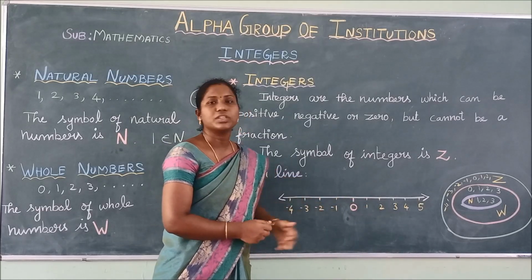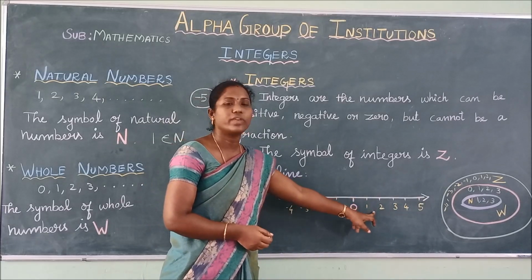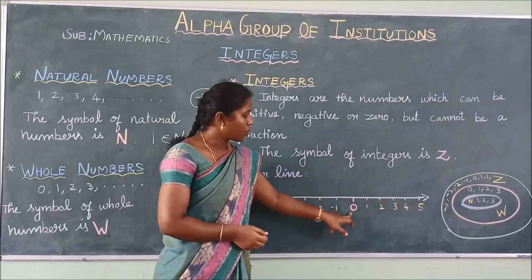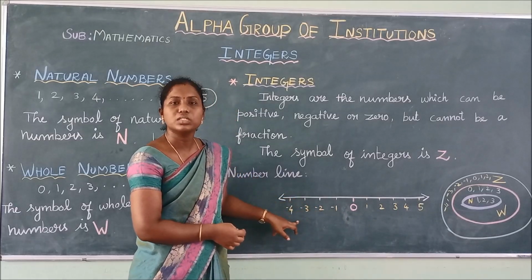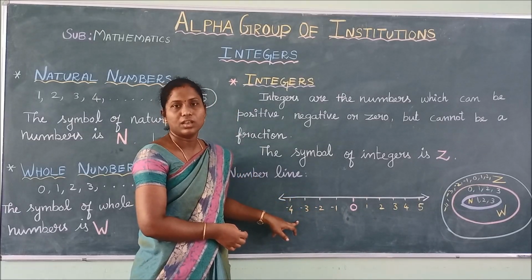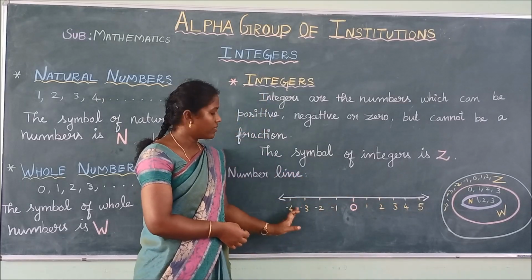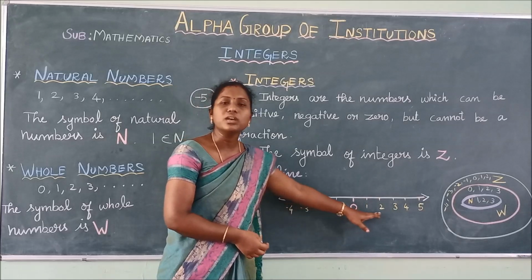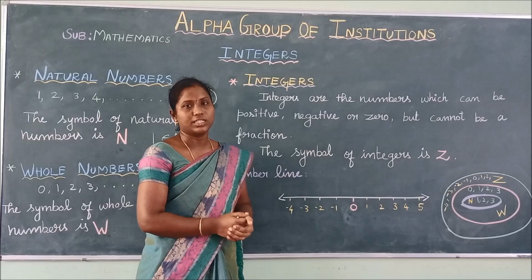To the right side of the 0, we write the positive numbers with equal intervals. Likewise, to the left side of the 0, we have the negative numbers with equal intervals. So this number line indicates the integers: the negative numbers, 0, and also the positive numbers. In whole, these numbers are called the integers.